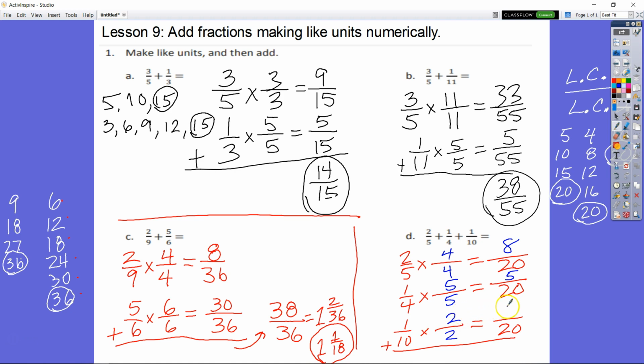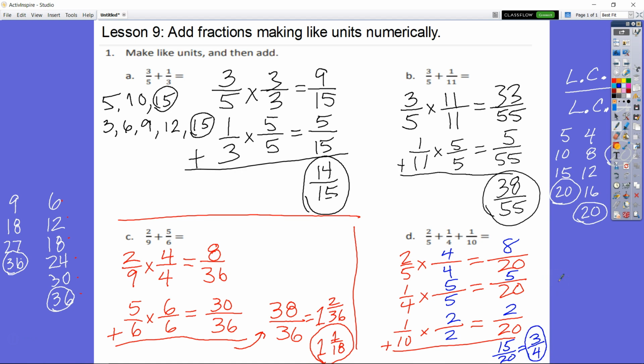And now 2 times 1 is 2. 8 plus 5 is 13, 14, 15/20 is going to be my final answer. But remember, we're going to simplify it. And I know that both of these numbers are divisible by 5. 15 divided by 5 is 3, and 20 divided by 5 is 4. Our final answer is 3/4.